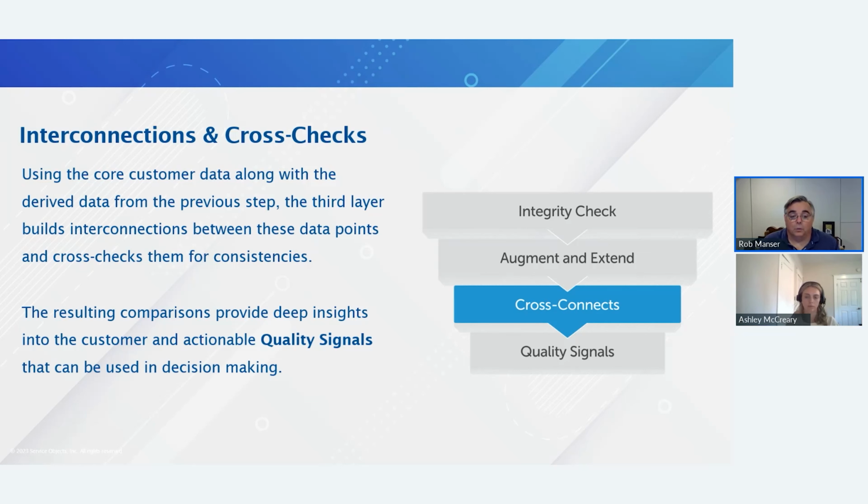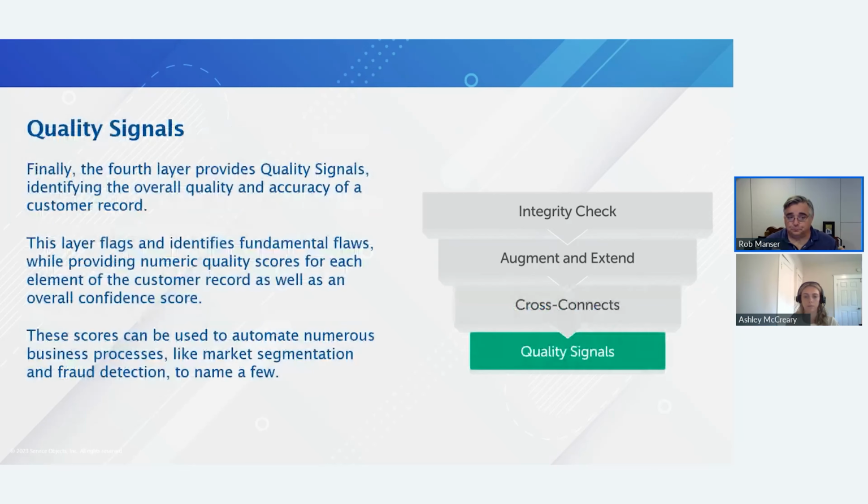What these cross connects and interconnections let us do is create a sophisticated but simple output of what we call quality signals. Those quality signals give you the quality and accuracy of the customer record in a numeric value.